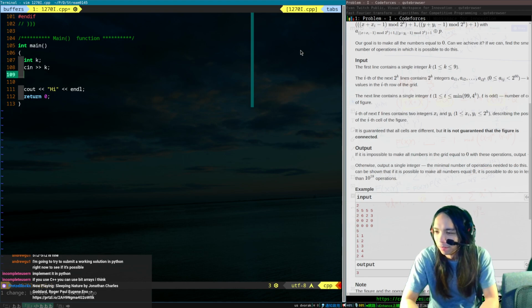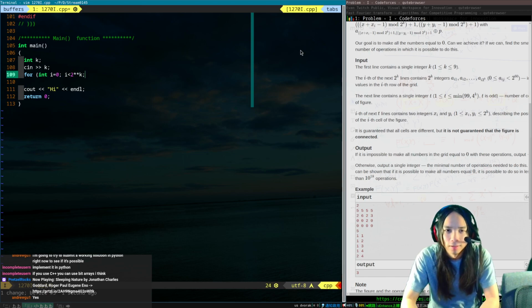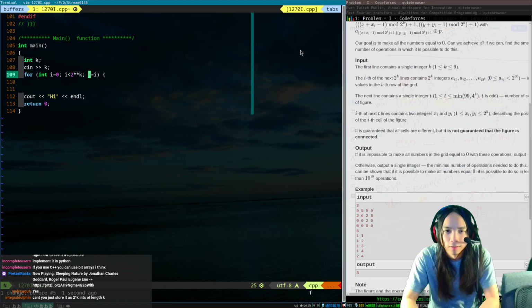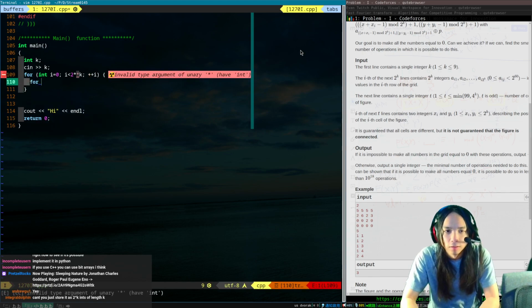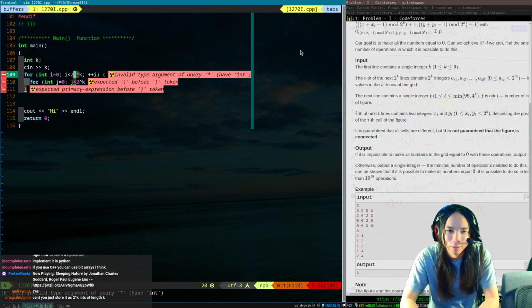For int i equals 0, i less than... How do you exponentiate in C++?